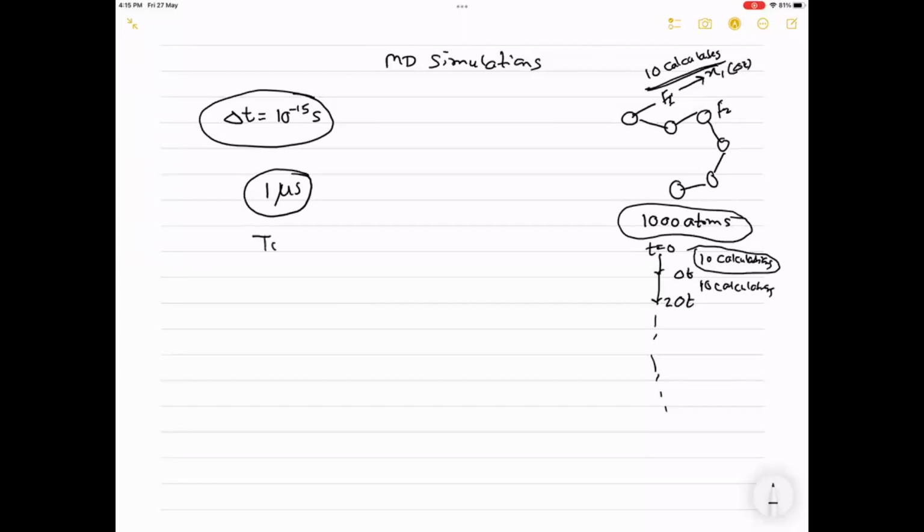In total, how many calculations do I have to do? Please calculate, and I will ask. So for 1 microsecond of simulation, how many calculations does my computer have to do? Please calculate that and raise your hand.